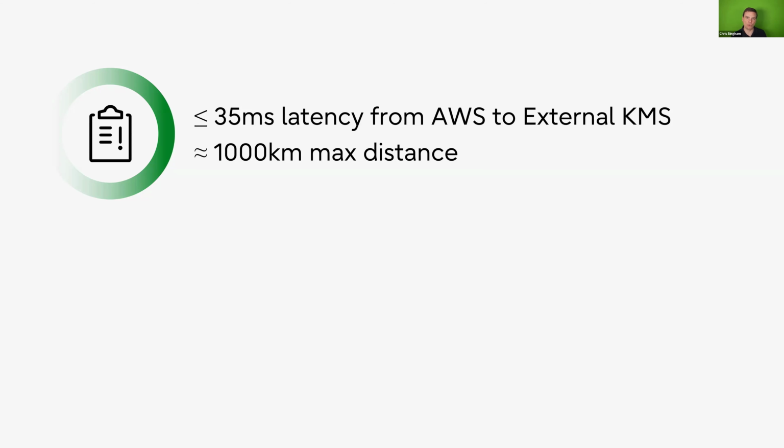This is due to the performance requirements for decryption operations in AWS KMS and equates to about a 1,000 kilometer maximum physical distance between your system and your chosen AWS region, which does mean that for European organizations, there's no way to have an external key management system in Europe controlling access to data in AWS US regions.